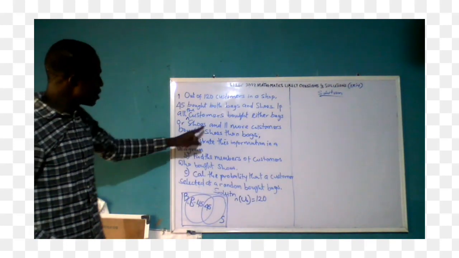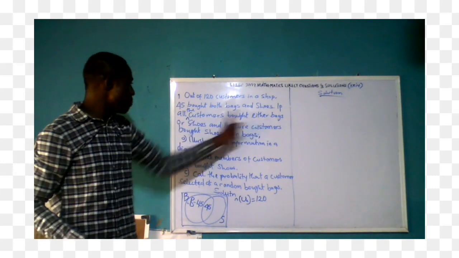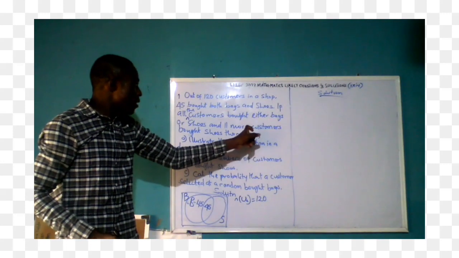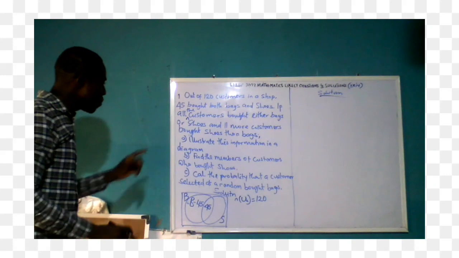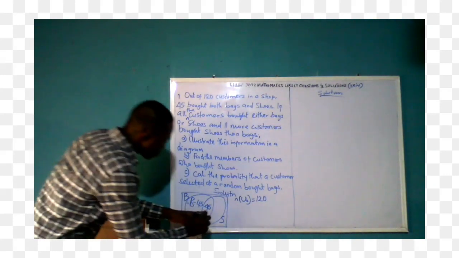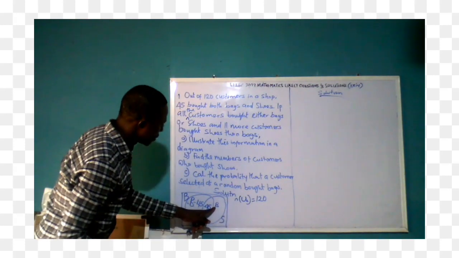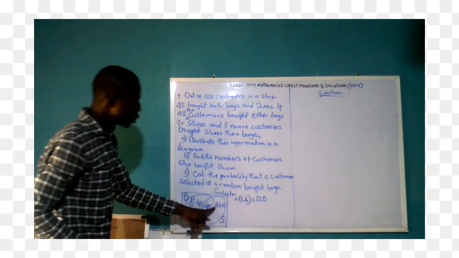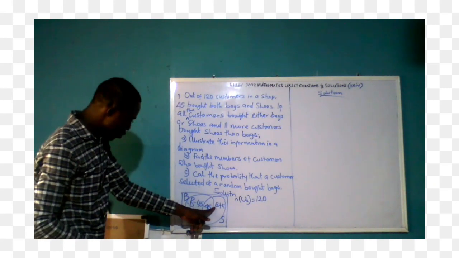Now what of shoes only? Don't forget, we are told that all the customers bought either bags or shoes, and 11 more customers bought shoes than bags. That means the number of people that bought shoes will be the number of people that bought bags, plus 11, because we are told that 11 more customers bought shoes than bags.